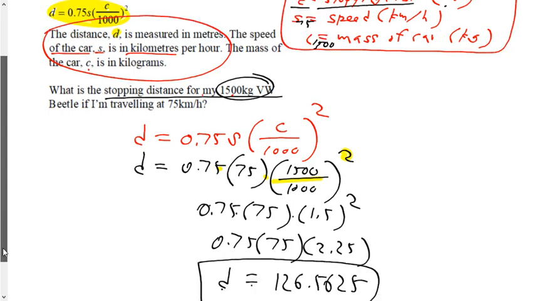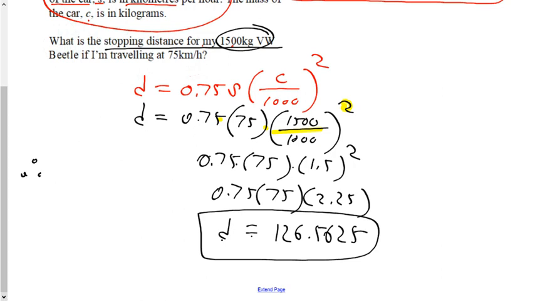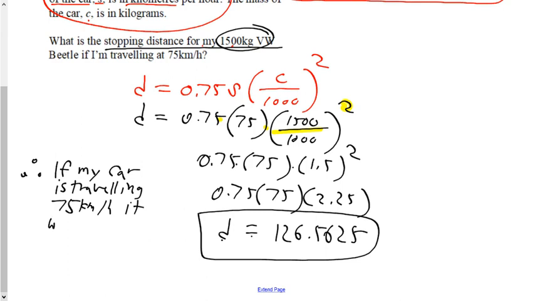So therefore, watch this, therefore symbol: if my car is traveling 75 kilometers per hour, it will take 126.5625 meters to stop on an icy road.